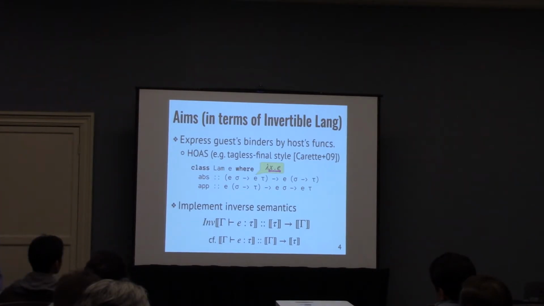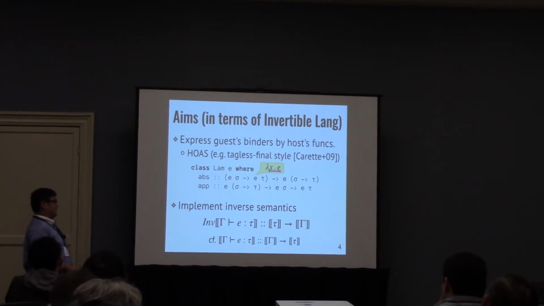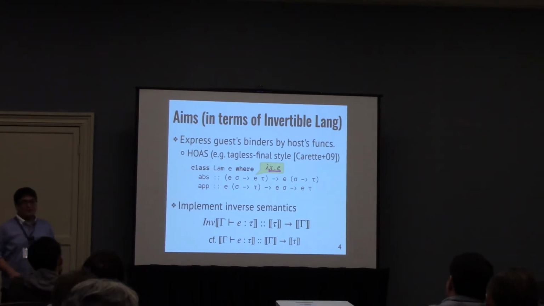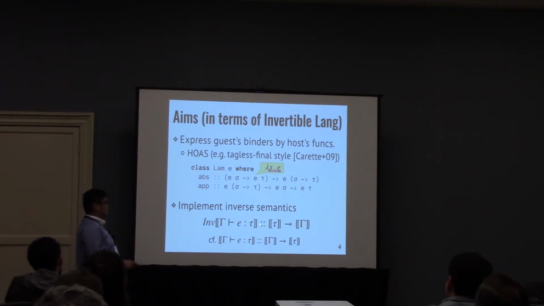Okay, let us consider the invertible programming language. When we embed an invertible programming language, we of course implement the inverse semantics of this. The forward semantics takes a value environment and returns a value. Corresponding to this forward semantics, the backward semantics takes a value and returns the environment.